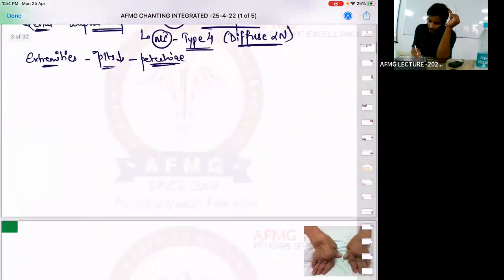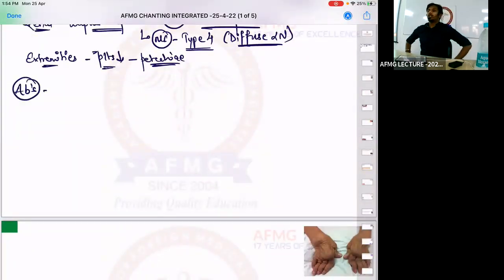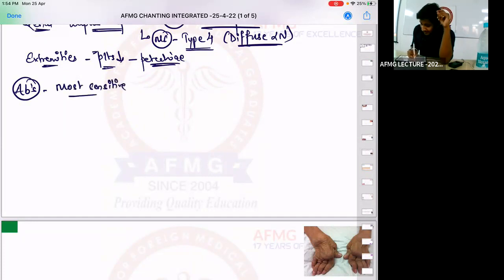Now I'll talk about the antibodies. Most important part because it is an autoimmune condition. Now please tell me the most sensitive antibody would be? Most sensitive antibody is anti-nuclear antibody.